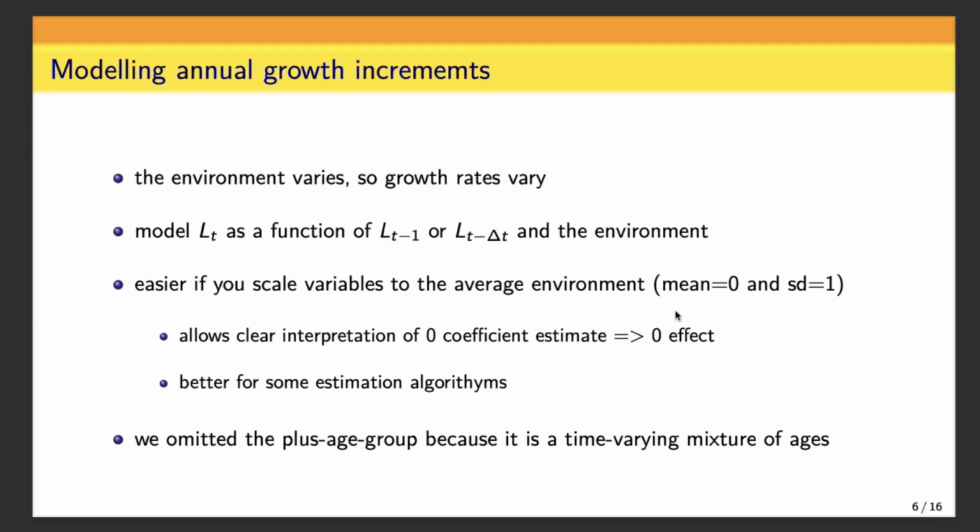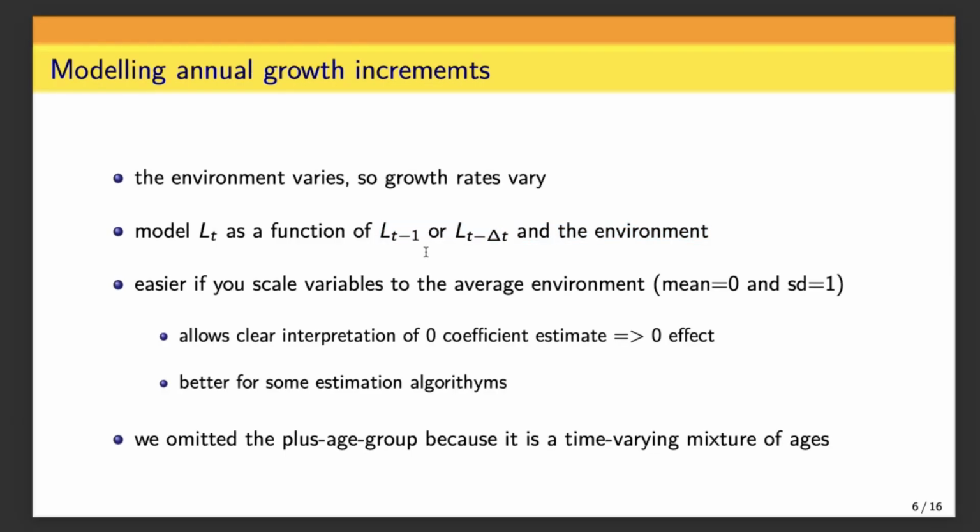It's t minus 1 if the time step is 1 year, or it could be t minus delta t if you're looking at some continuous model where you can have continuous time steps. But for the examples today, we're all looking at annual time steps. And then the size, length at t or weight at t, also depends on the environment. I think you can see my cursor. It's a function of both the previous size and the environment.